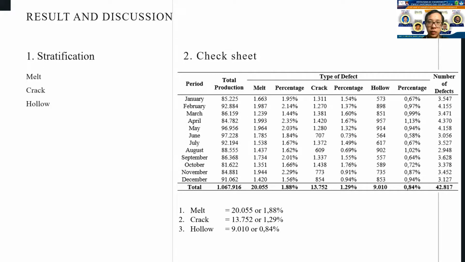And the number of hollow defects that we found is 9,010 or 0.84%. So the total number of defects that we found in the production is 42,817.